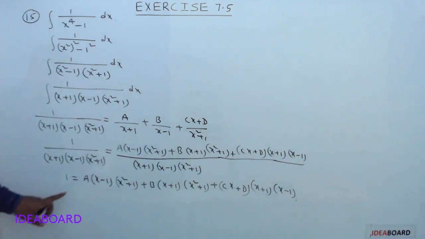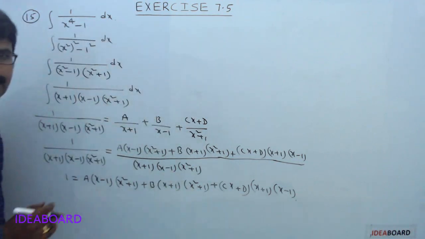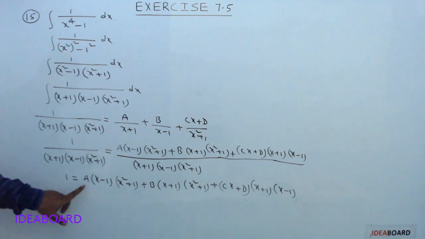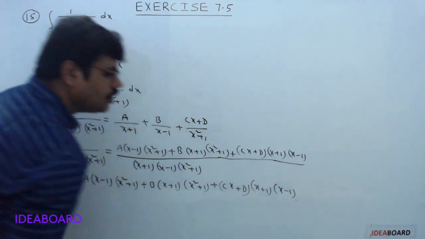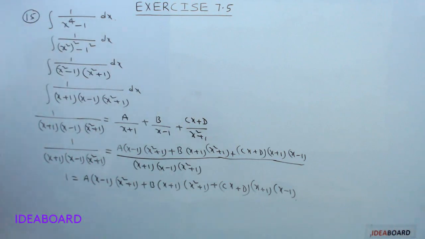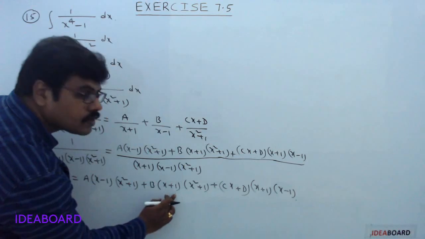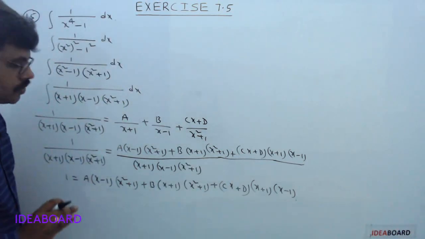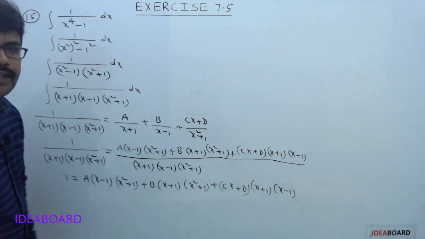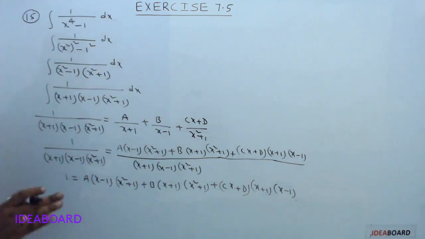Now to find the value of a, make the second and third terms 0 simultaneously. Here x plus 1 is the common factor to the second term and third term. So by substituting x equal to minus 1, this term will be 0, this term will be 0.